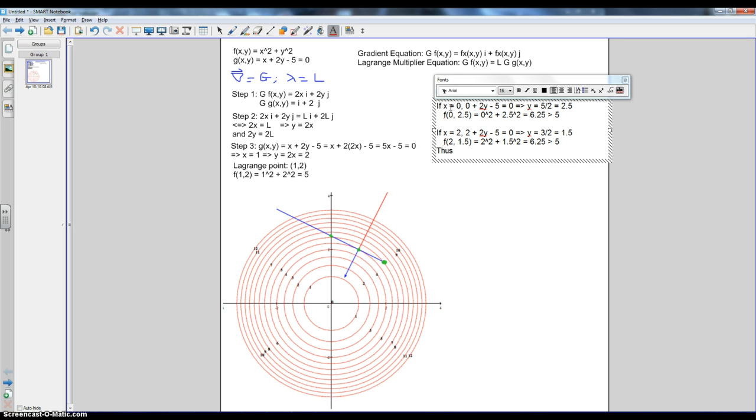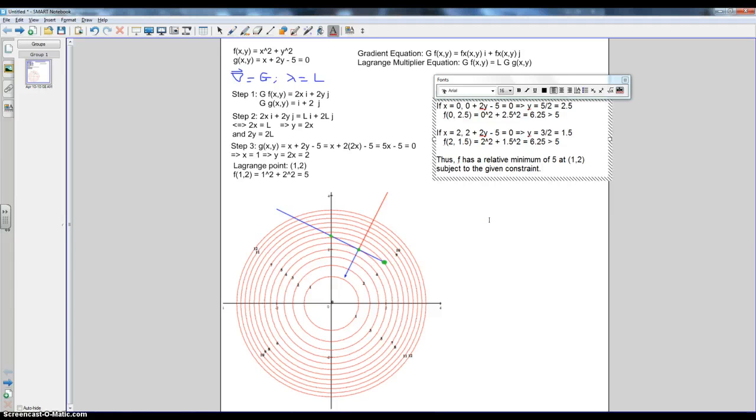So we can conclude that f has a relative minimum of 5 at (1, 2) subject to the given constraint. And that's it. We're done with problem 5 in the homework.